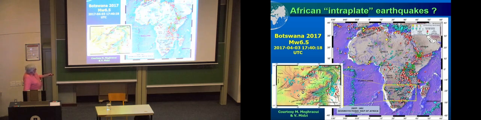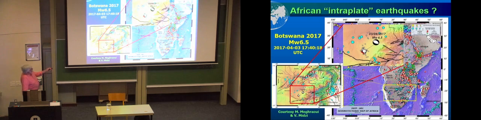Mustafa Magrahi provided me with a new digital version of the map in which he'd plotted the focal mechanism. So that's where it was. Johannesburg is down to the south of this particular little inset.